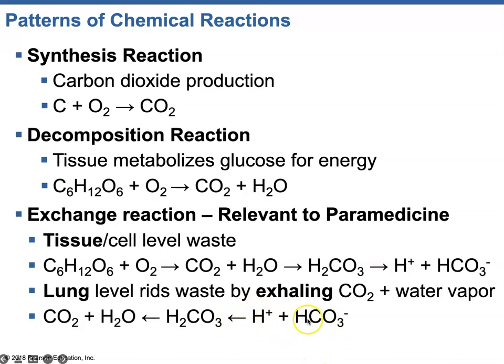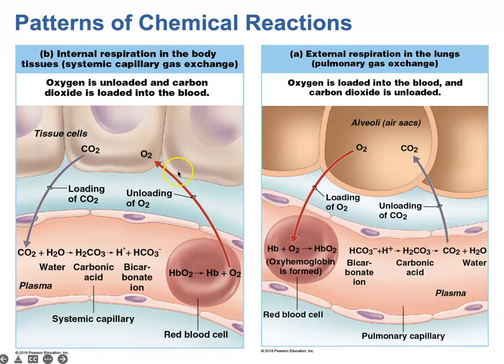So they reconstitute, they become back to being carbonic acid. And then what's really cool, through the magic of enzymes and different things that happen on our red blood cell, this carbonic acid returns to being water and carbon dioxide, and then we exhale the carbon dioxide and water. And so that is how our body is able to get rid of this waste product, carbon dioxide, that we have. So here's an image of what happens.